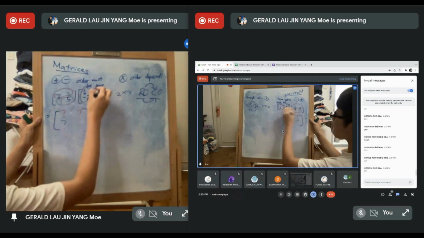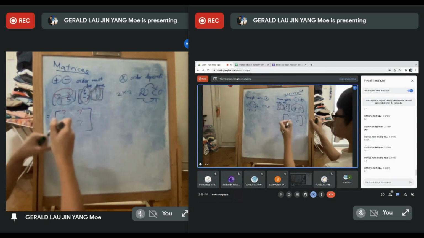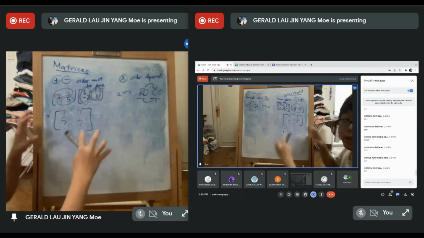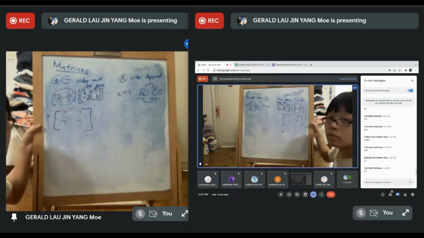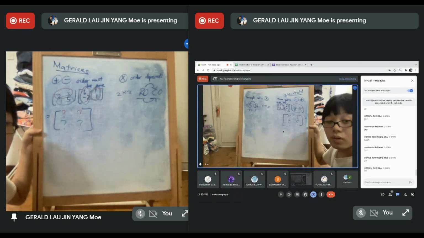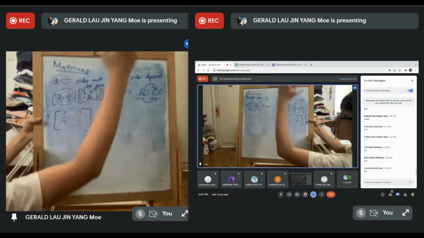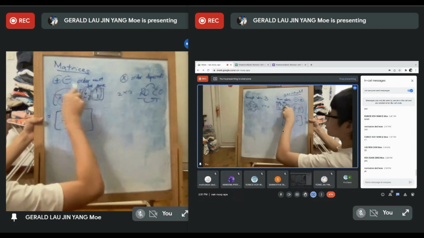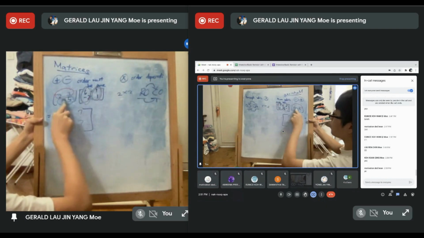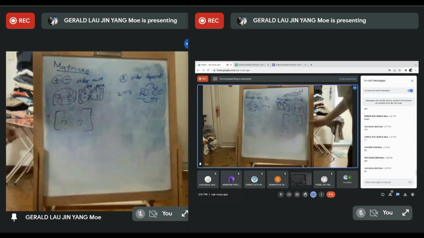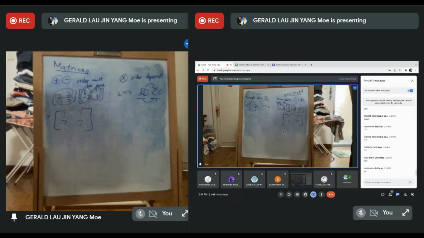Second row, second column. This is your answer. Do you get the basic concept or not? Good. Row column, always in your head.